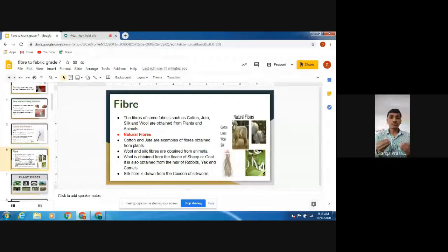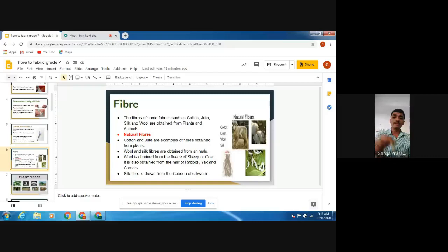The fibers which are obtained from plants and animals are called natural fibers, because plants and animals are nature, right?